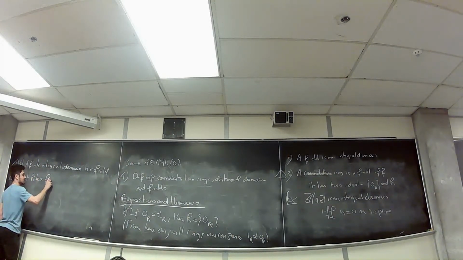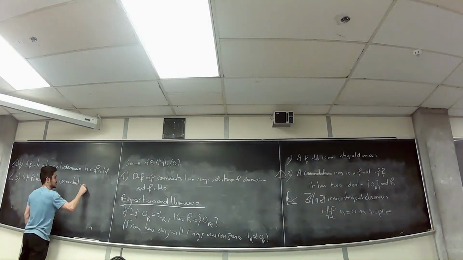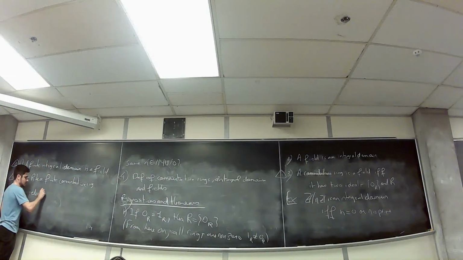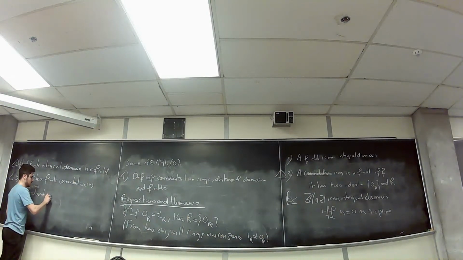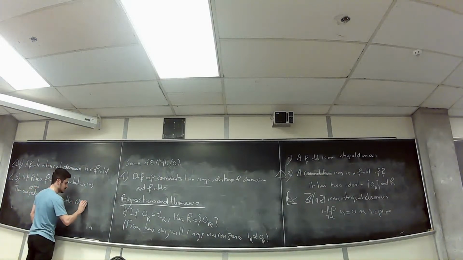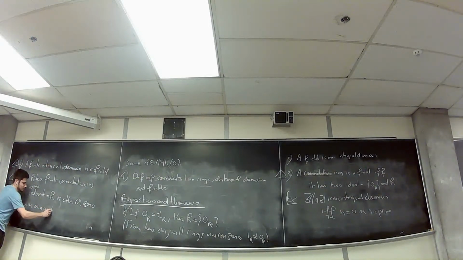Let R be a finite ring, and every non-zero element in R is either a zero divisor or a unit. Now this one I messed up in class.